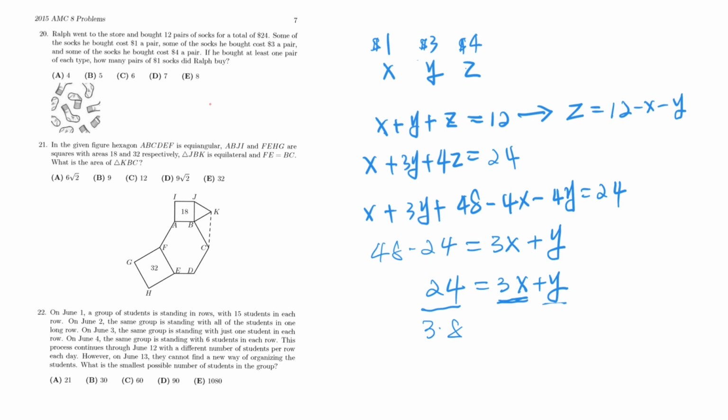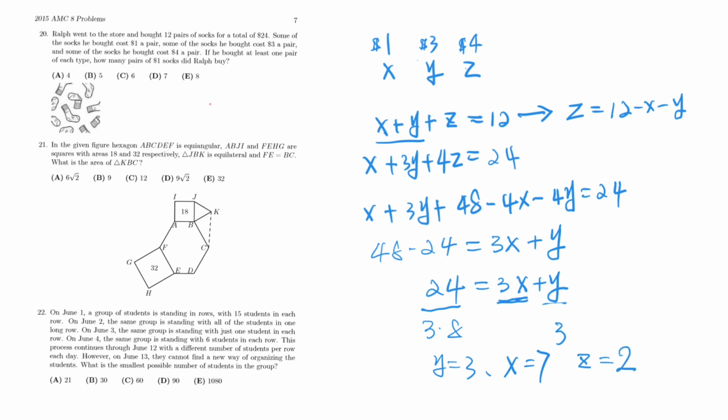So if Y equals 3, then X will be 7, because 3 times 7 is 21, plus 3. And Z equals 12 minus 3 minus 7, so Z must be 2.